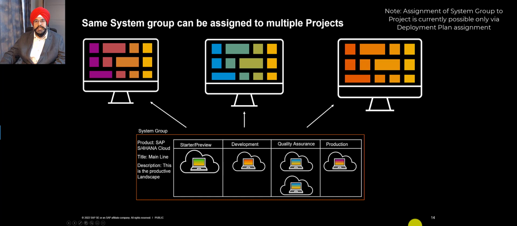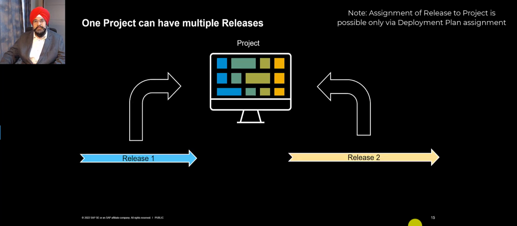And let's see how the release is handled. One project can have multiple releases. Again, for the same project, as an example, you want to do your multi-country rollout in the same project and you want to depict each rollout via a release timeline. Then obviously the same project will be contributing to multiple releases at the same time.